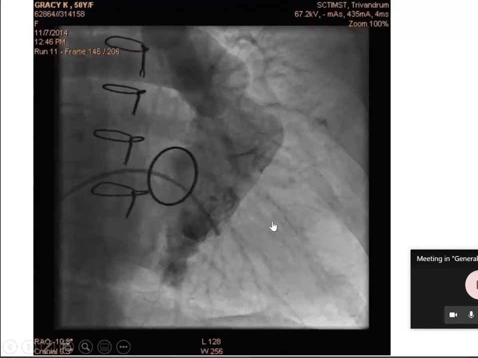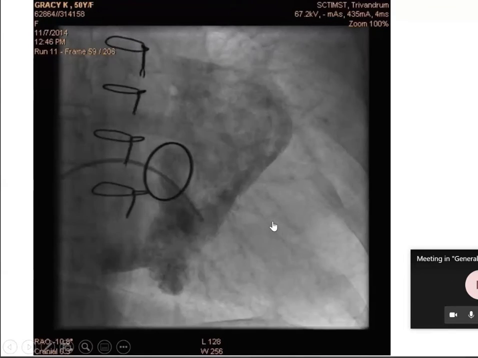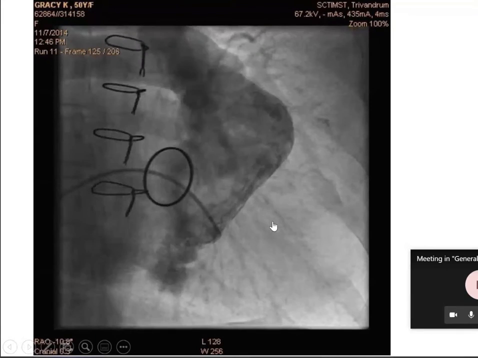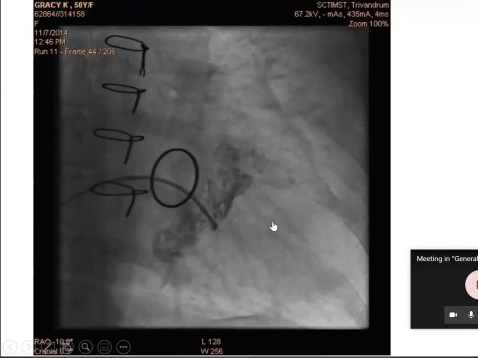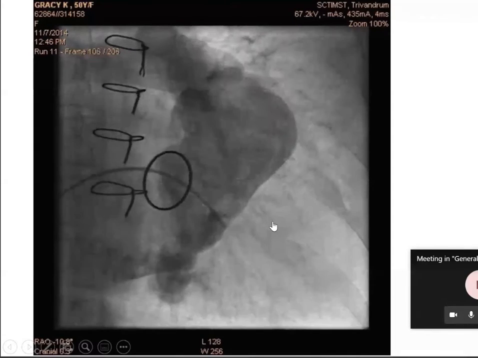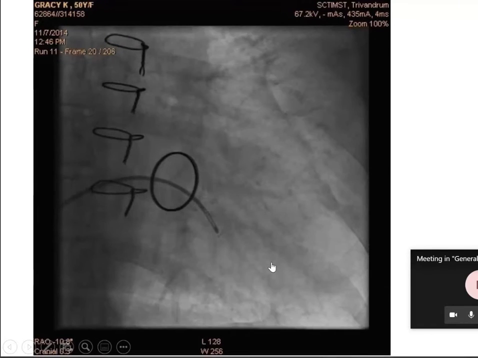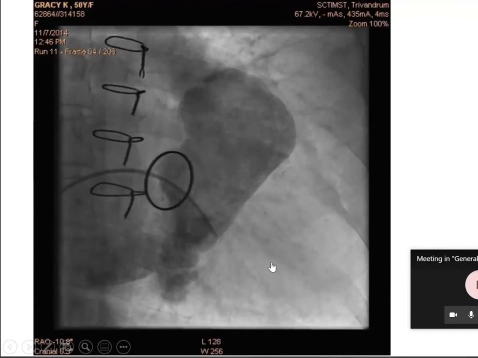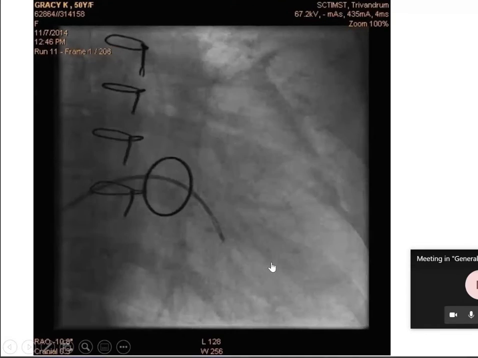But do you expect pulmonary hypertension in EMF? No, sir. Why? EMF is what type of cardiomyopathy? Restrictive cardiomyopathy.